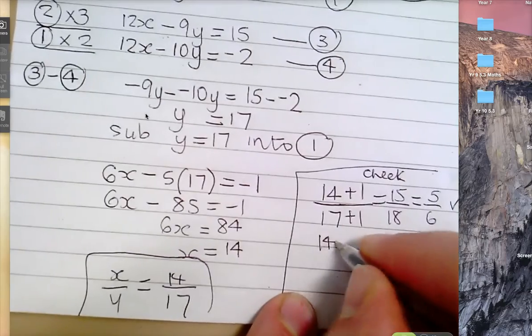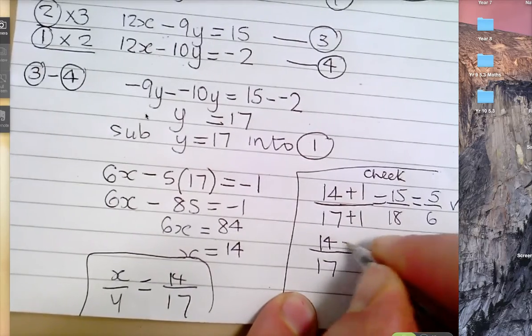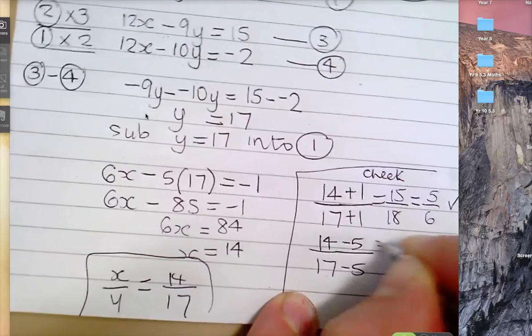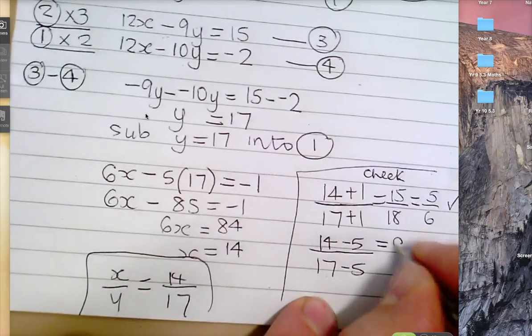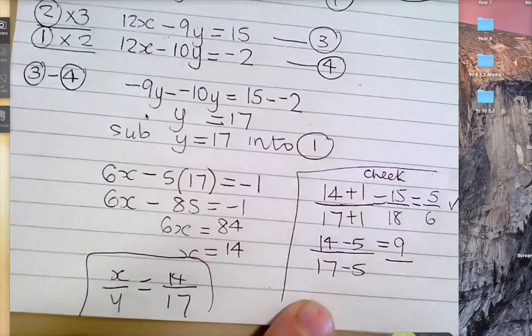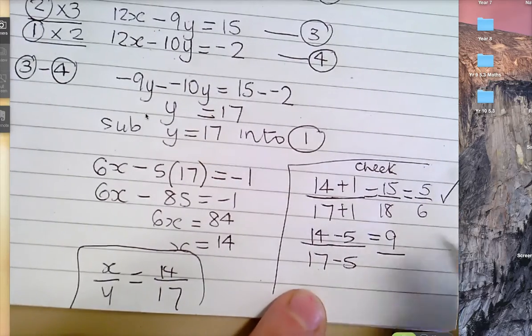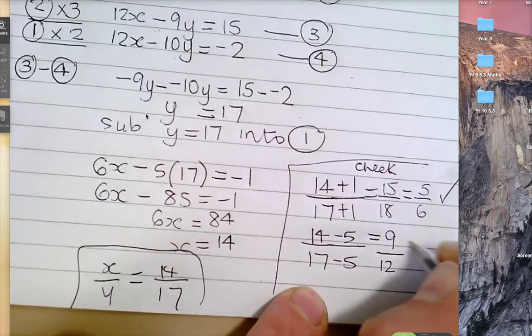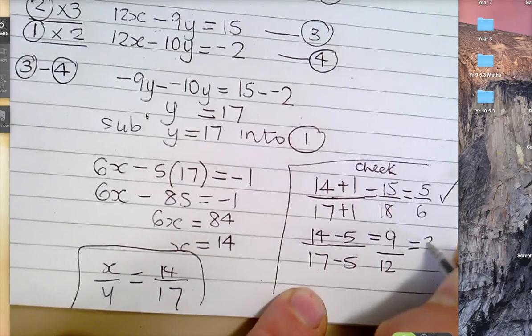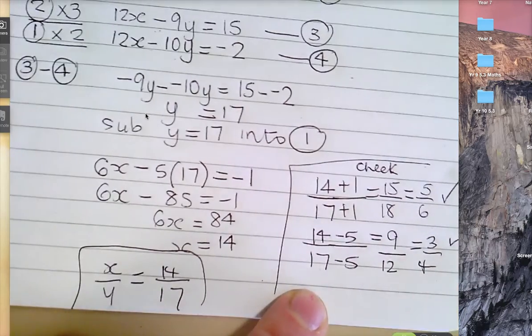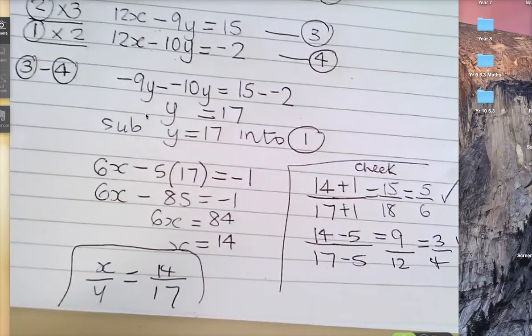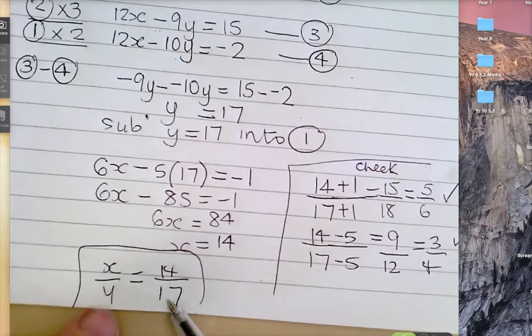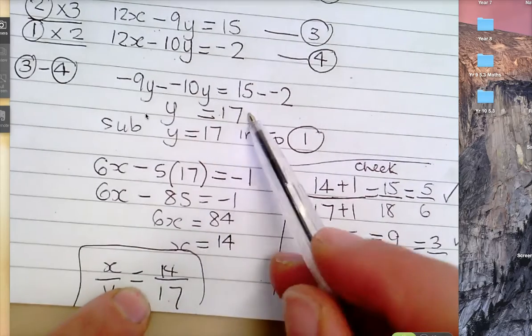If you've got 14 over 17, please stop talking and take away 5 from each. This was the question and I'm seeing if it works. What do you get? I'm checking my answer. 9 over. Divide them both by 3, which is correct. So girls, the original fraction is 14 on 17 because X was 14 and Y was 17.